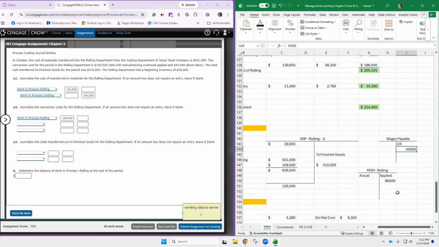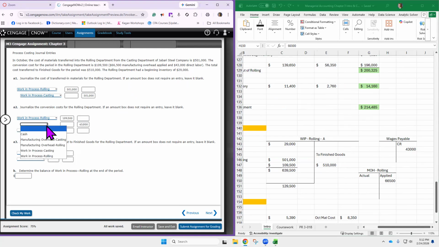Here's a credit to wages payable, and there's how much we applied, because they told us 66,500 is applied overhead and 43,000 is direct labor. So that's going to be 43,000 for, okay, I guess they want us to do the manufacturing overhead first. Manufacturing overhead.